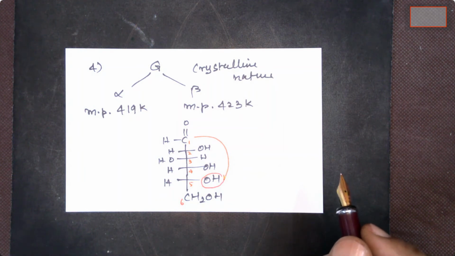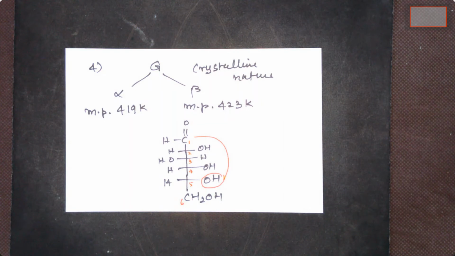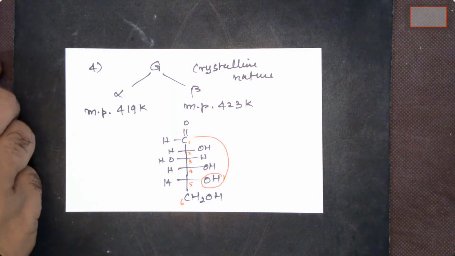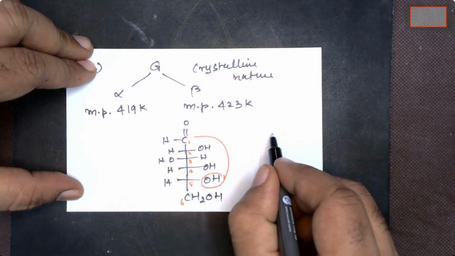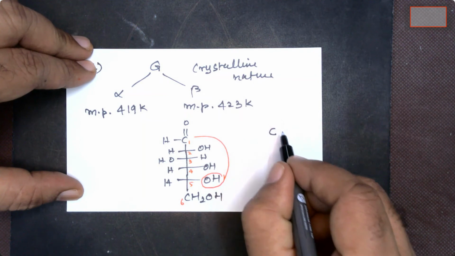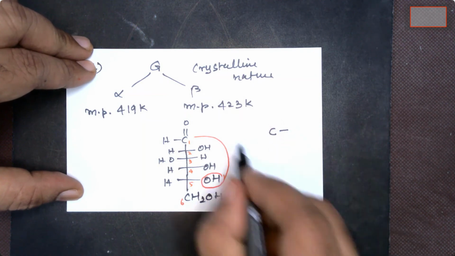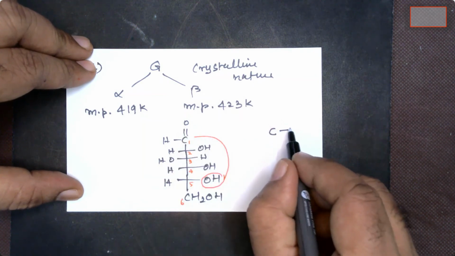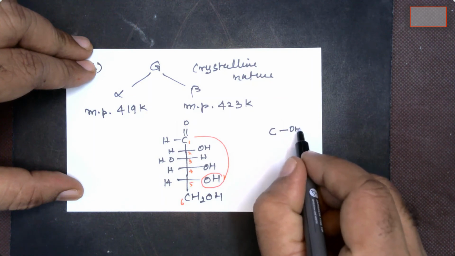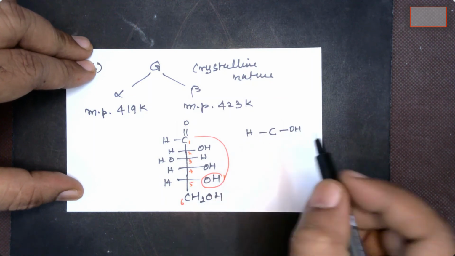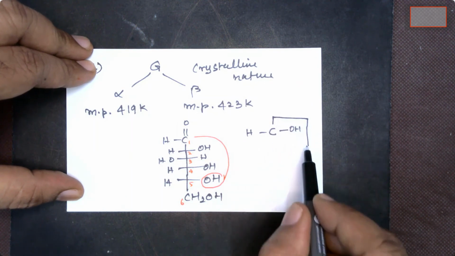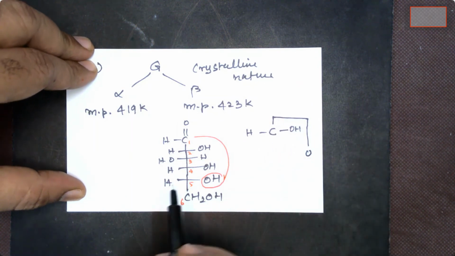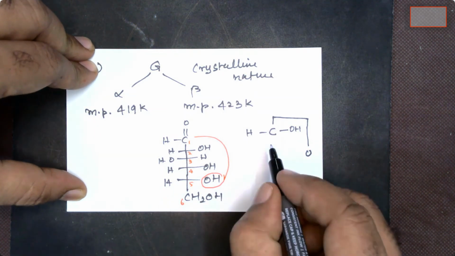And it forms a structure like this, and this H will go here. So OH and H, and from the top it forms what is called a hemiacetal ring.